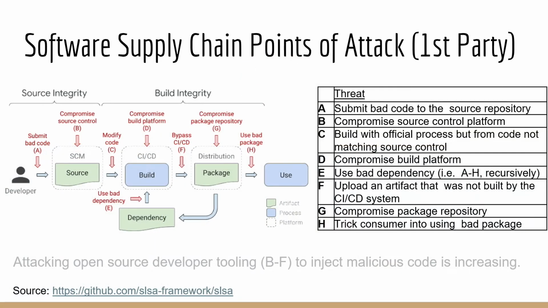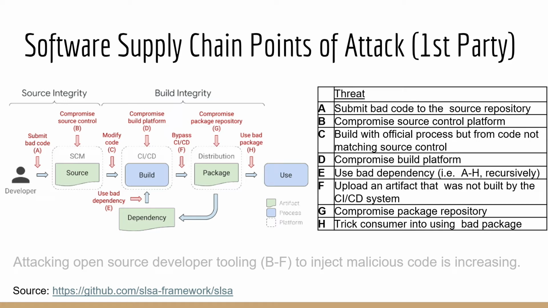So here are some points. I got some great graphics from the SALSA team, and I give credit to them for a lot of the graphics in here. They explain it much better than I can. All the way to the left, if we run through the software supply chain: submitting bad code. Yep, you can have a bad actor, like the event-stream actor, just writing bad code.